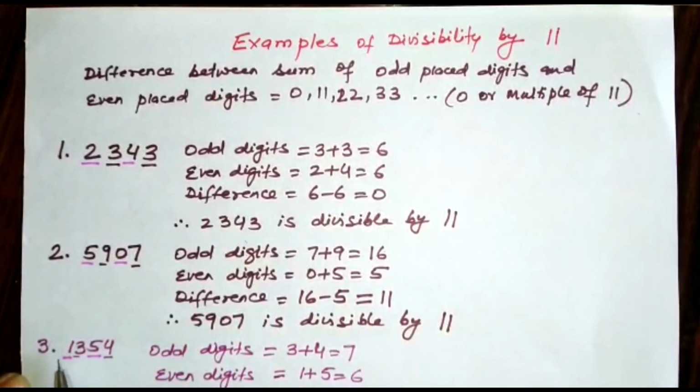Now look at this number 1354. Odd placed digits 3 and 4. Sum is 7. Even placed digits 1 and 5, sum is 6, and the difference between these two is 1. 1 is not a multiple of 11, therefore this number 1354 is not divisible by 11.